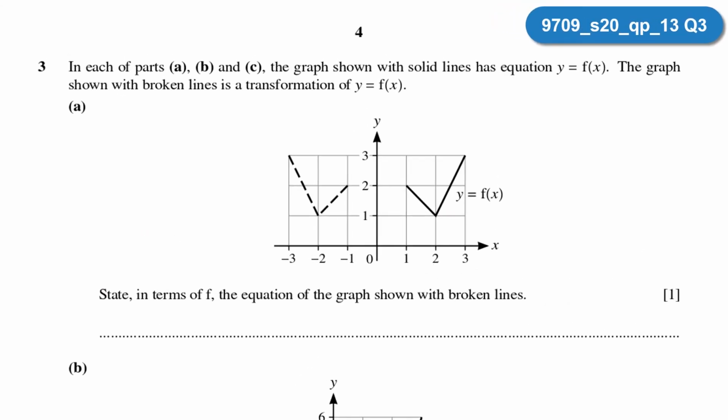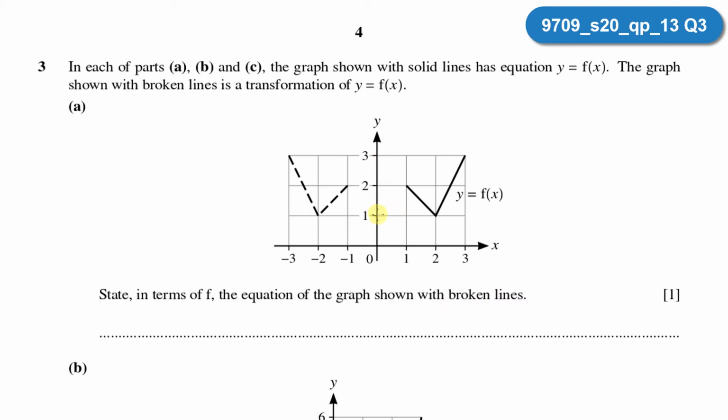In each of parts A, B, and C, the graph shown with solid lines has equation y is equal to f of x. The graph shown with broken lines is a transformation of y is equal to f of x. So on A they say, state in terms of f the equation of the graph shown with broken lines.